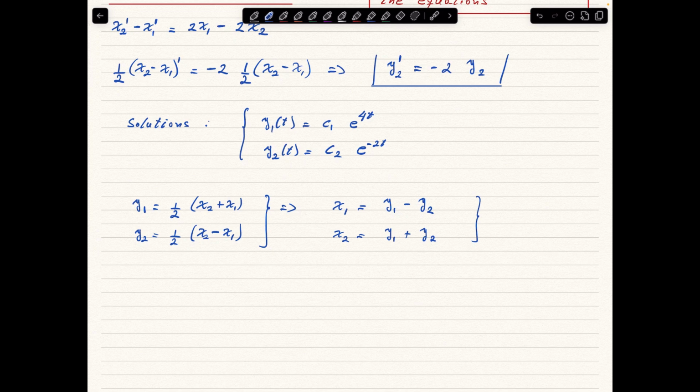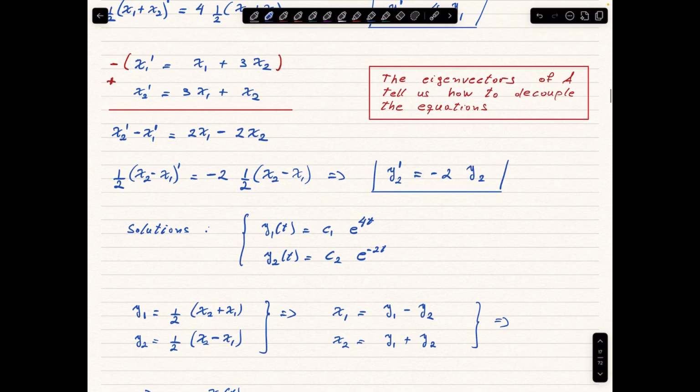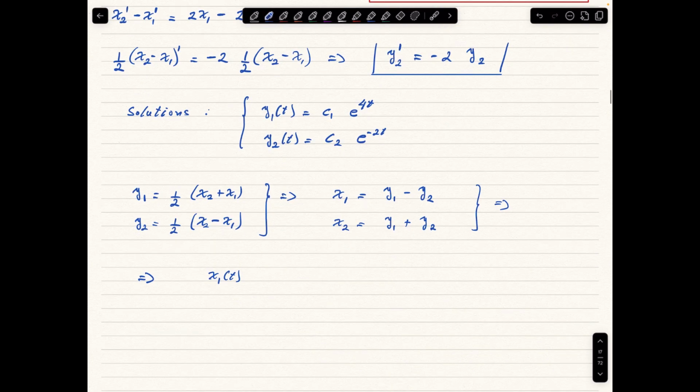Well, we got our solutions for x now. And this is why we have the solution that we got before. x1 of t has to be y1, which is down here.